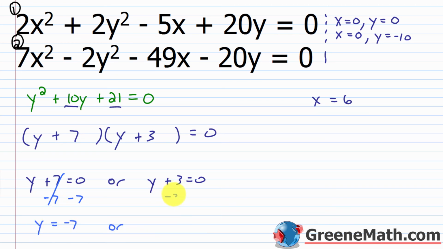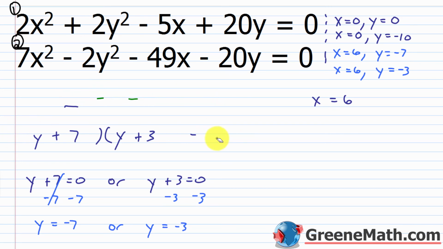Or over here, I'd subtract 3 away from each side of the equation, and I'd find that y is equal to negative 3. So if x is 6, y could be negative 7. Or if x is 6, y could be negative 3. So you have x equals 6, y equals negative 7. You have x equals 6, y equals negative 3.